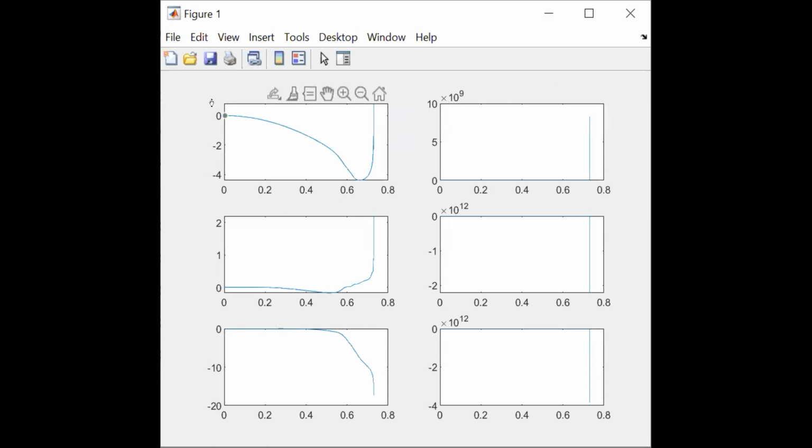You can see the displacement of the first link, then the displacement of the second link, and the displacement of the third link. They are well within limits, but the velocities are super high. Okay, so I'm going to type the whole code again, the complete code.